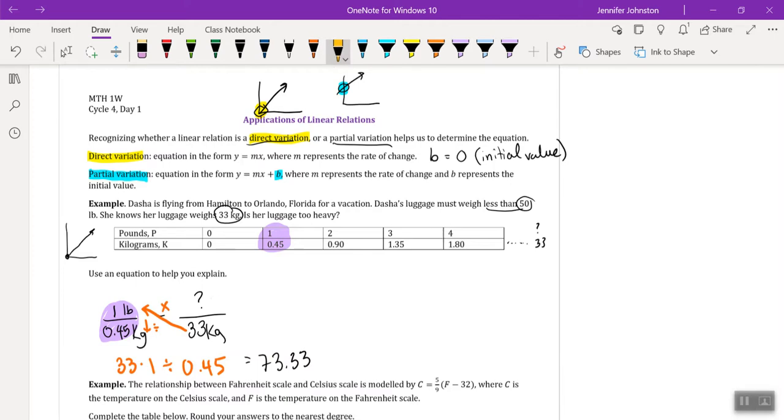This is 73.33 pounds. So will she be allowed to put her luggage on the plane? Nope, it is too heavy. So Dasha's luggage is too heavy for the plane.